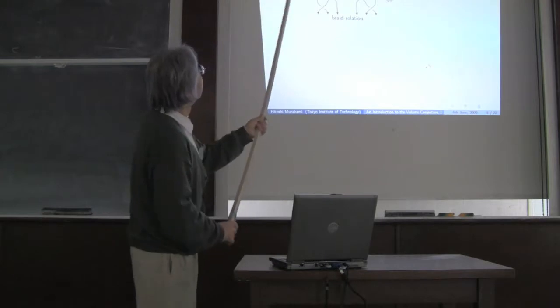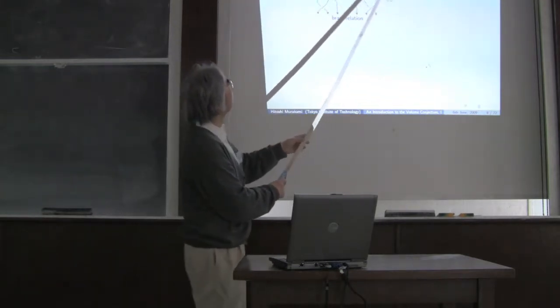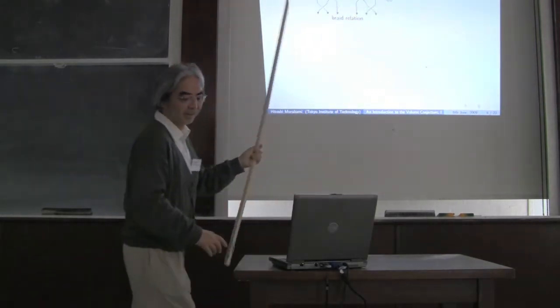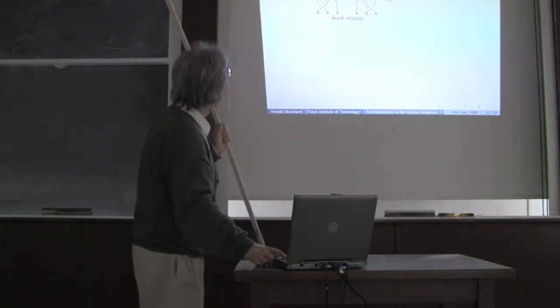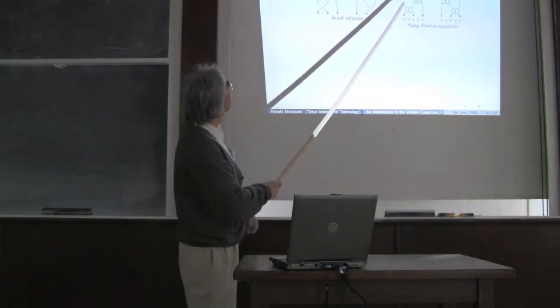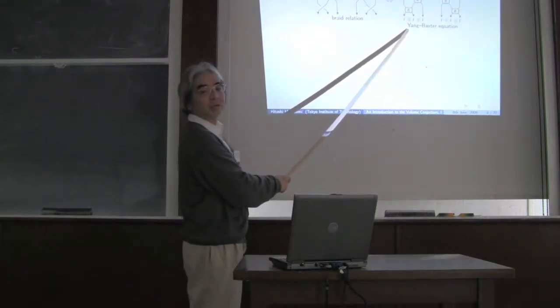And this is the picture of the relation. So sigma i plus 1, sigma i, sigma i plus 1 is equal to sigma i, sigma i plus 1, sigma i. And in the operator, this is given like this. And this is exactly the Yang-Baxter operator.